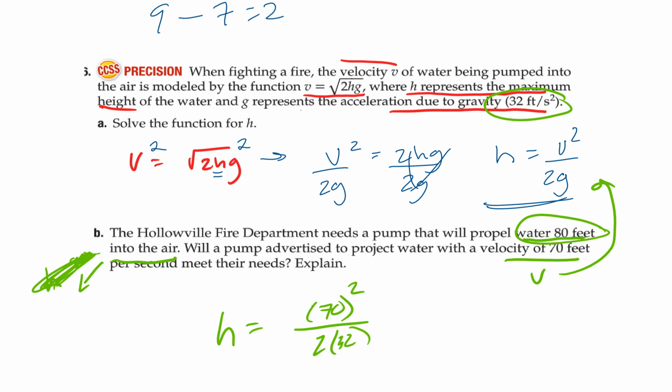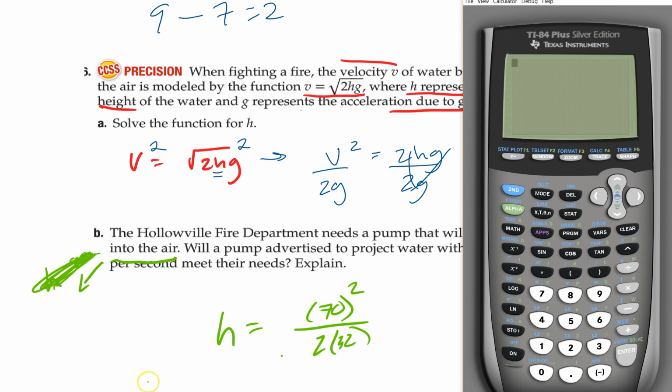We're going to plug that into a calculator because it's an application where I'm going to use a calculator. And here's my calculator. So we're going to do parentheses 70 squared divided by 2 times 32. Okay, so 2 times 32 is a little tough. Parentheses 2 times 32. You gotta make sure you do it like that.